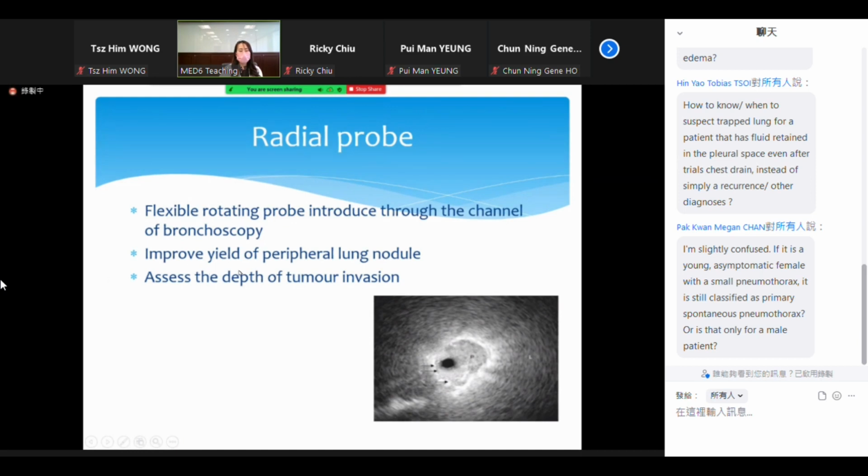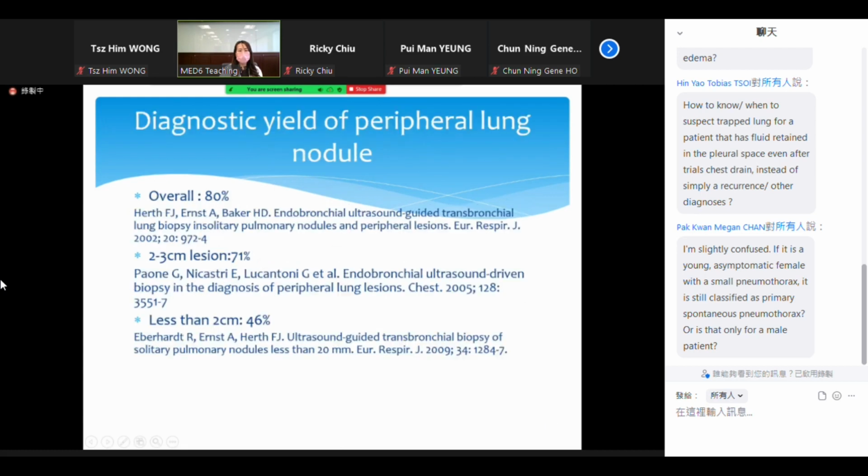For traditional bronchoscopy, we cannot reach the peripheral lung pathology, but with this radial probe, we can go to the more peripheral area to take the biopsy. So radial EBUS improves the diagnostic yield for peripheral lung nodules.